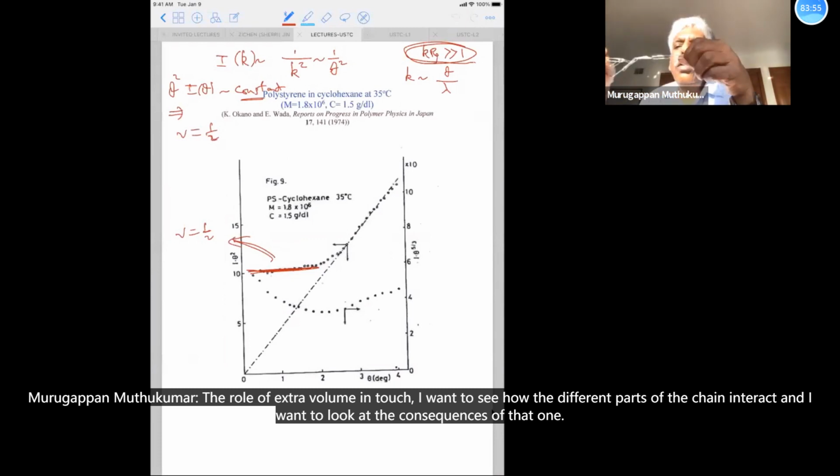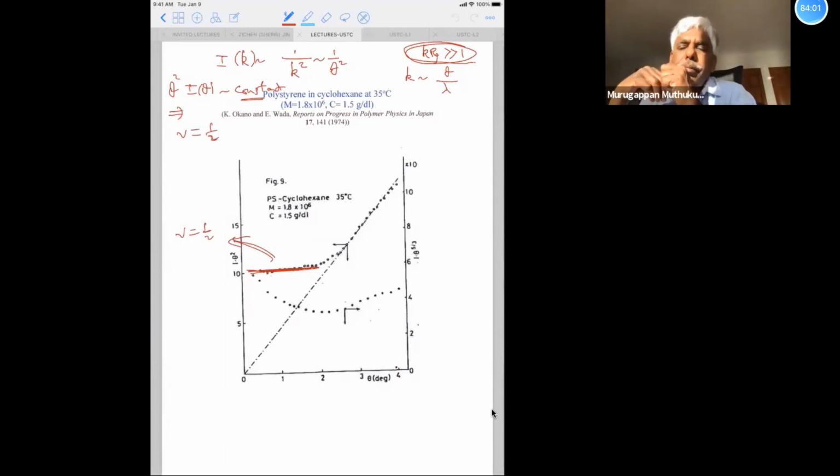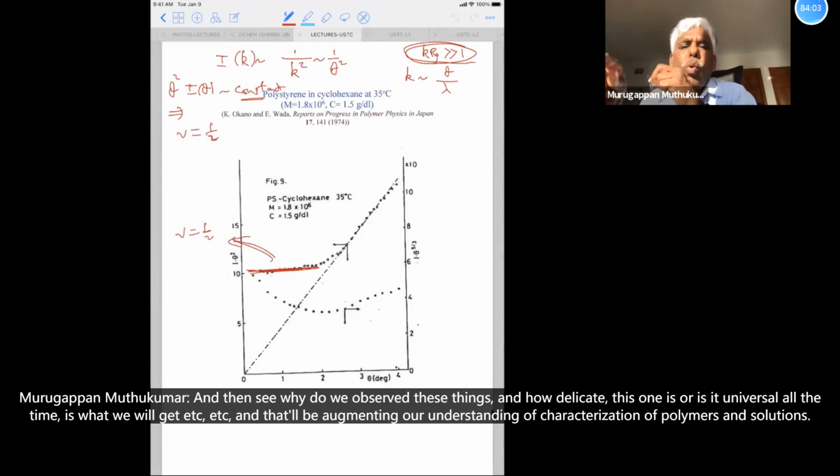I want to see how the different parts of the chain interact, and look at the consequences of that. And then see why we observe these things, and how delicate this is, or is it universal? That will be augmenting our understanding of characterization of polymers in solutions.